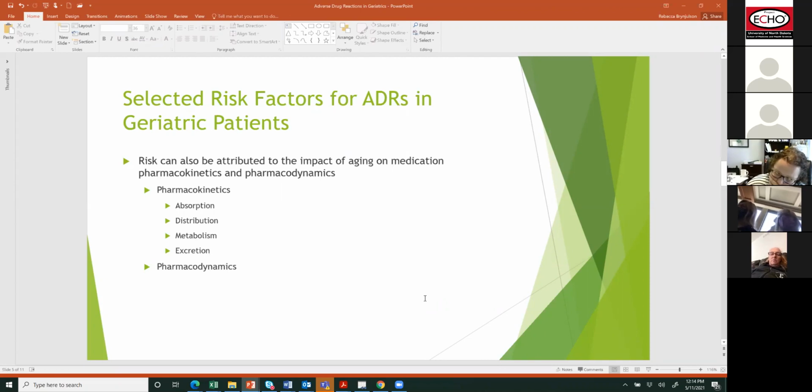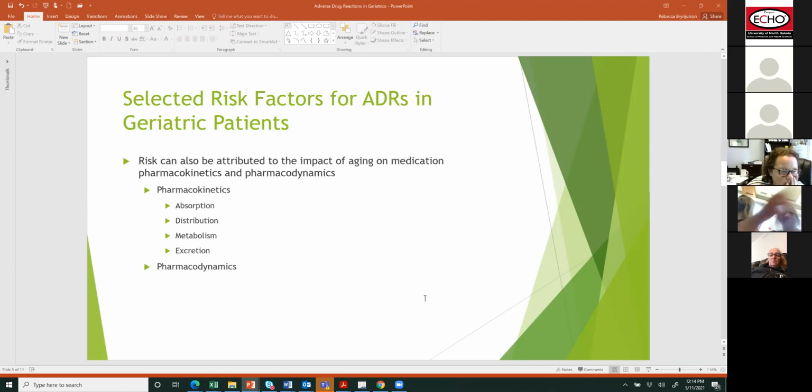Pharmacodynamics is also something that we have to think about when it comes to geriatric patients. Pharmacodynamics has primarily focused on looking at things like maybe an increased sensitivity overall.